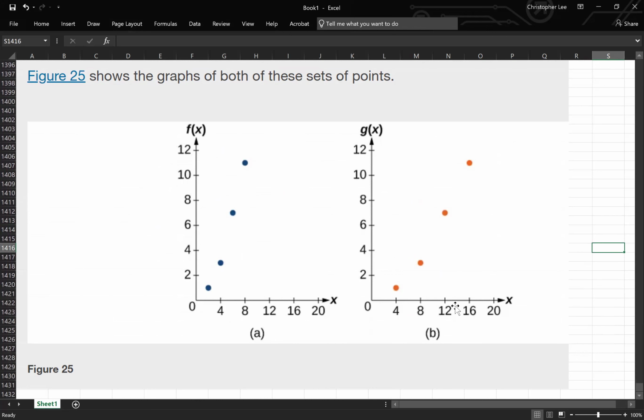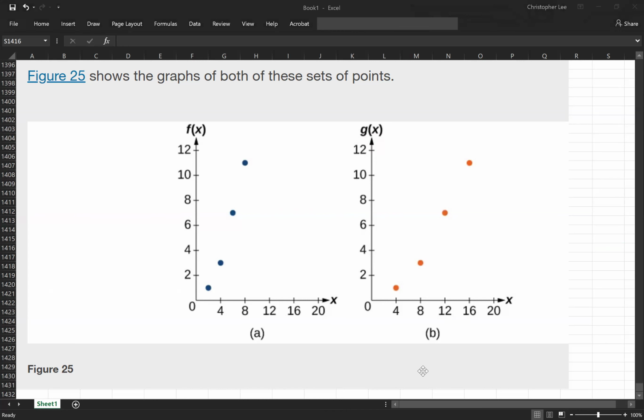This was the horizontal stretch, and it changed by a factor of 2.